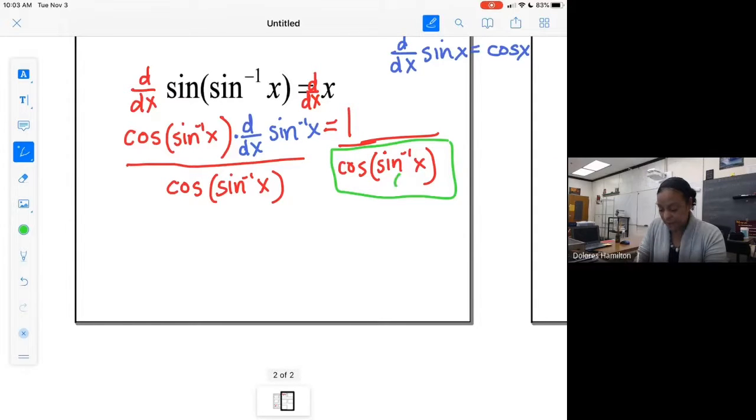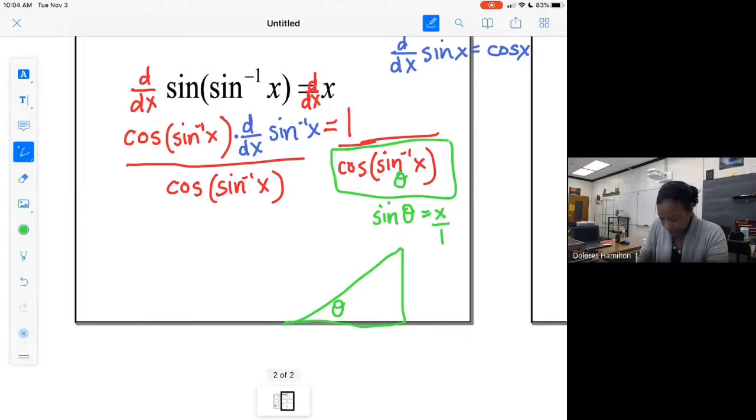But let's take a look at this. Keep in mind, this equals some angle theta. So I can rewrite that, because if sine inverse of x equals theta, then sine of theta must equal x. I'm going to go to my trusty right triangle and figure out what the sides would look like, because I want cosine of that angle. So here we go.